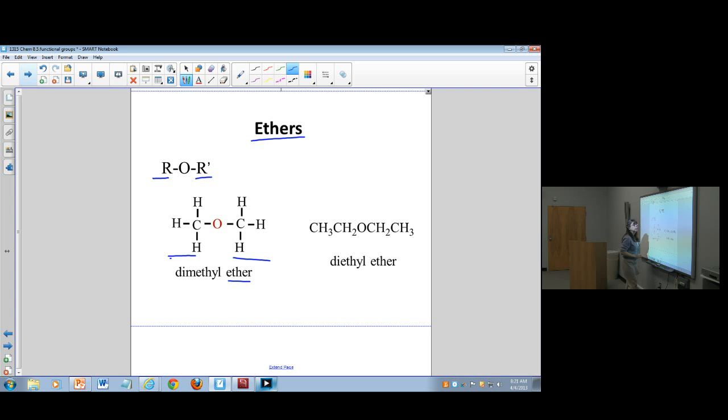This one is diethyl ether. It has an ethyl group on each side, and then you call it an ether, so you know that this is going to be a bond that looks like this. This is the dimethyl ether. And remember, the oxygen always follows the Lewis dot structure rules, the octet rule, never an exception in this class: carbon, nitrogen, oxygen, and fluorine.